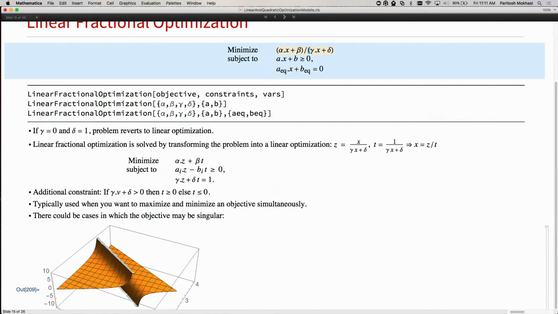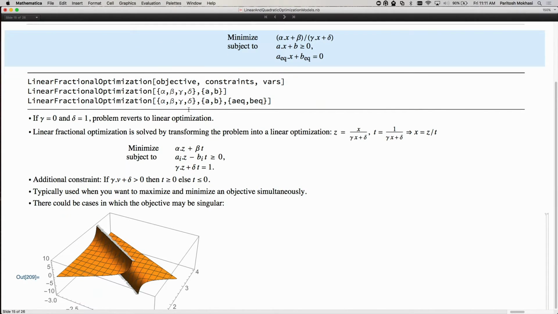Okay, so linear fractional optimization. This is taking a step from linear optimization. The main thing is that you have this denominator sitting here. The syntax is identical in all of these functions, which I've labeled out here. If you want to give it in the matrix vector form, then you give alpha, beta, gamma, delta, which have these vectors and scalars, and it goes ahead and solves this.